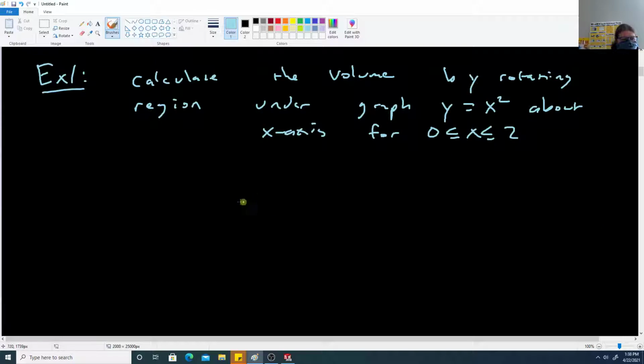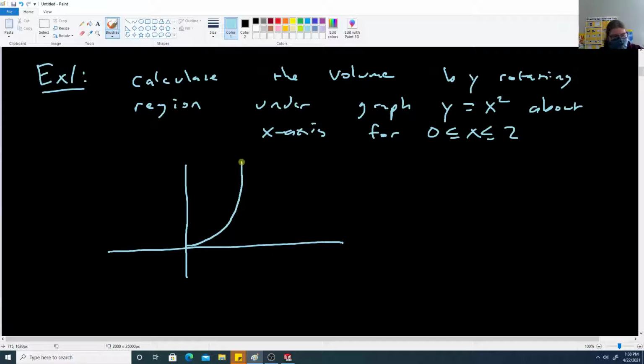What we're going to do here is build a graph. We're going to look at our x squared function, which will be just the basic parabola. Since we're only looking at the 0 to 2 side, I'm just going to draw the right-hand side of the parabola. We start at 0 and stop up here at 2.